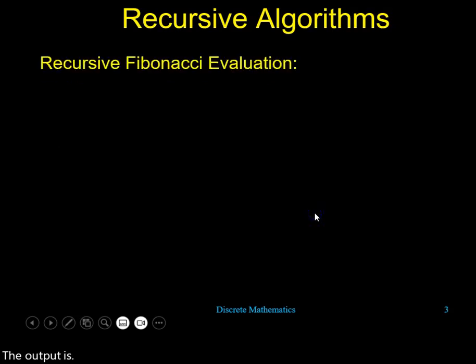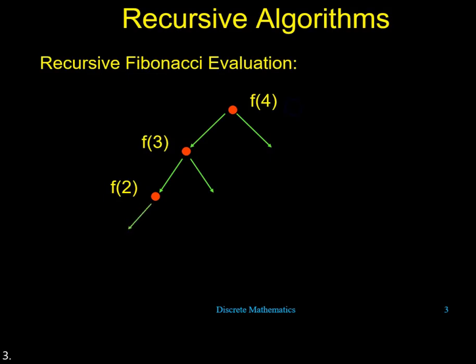How does this algorithm work? Say we want to compute F of 4, we call Fibo 4. It calls Fibo 3 and Fibo 2. Fibo 3 calls Fibo 2 and Fibo 1, and Fibo 2 calls Fibo 1 and Fibo 0.